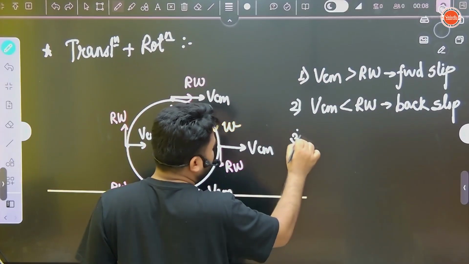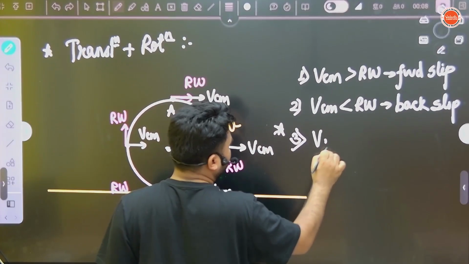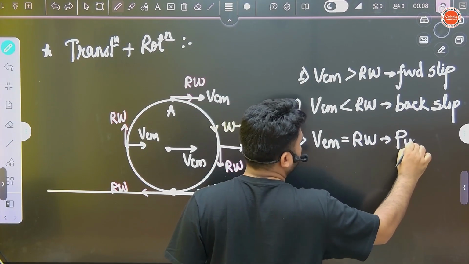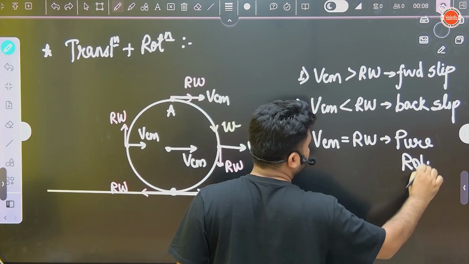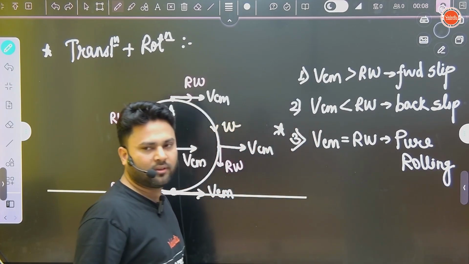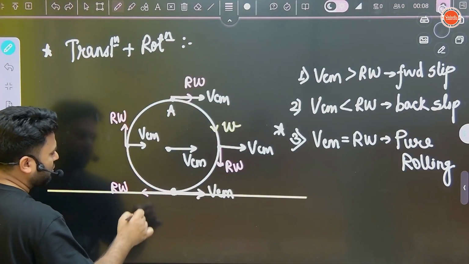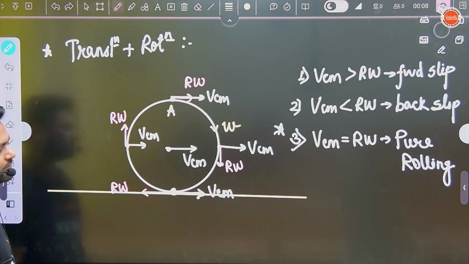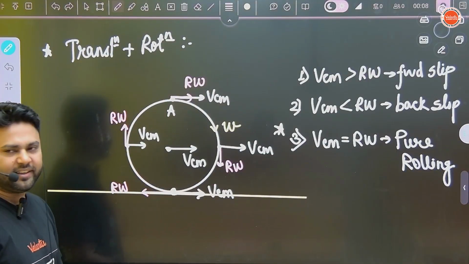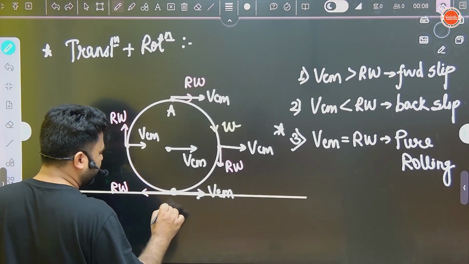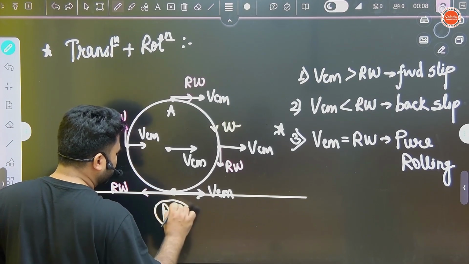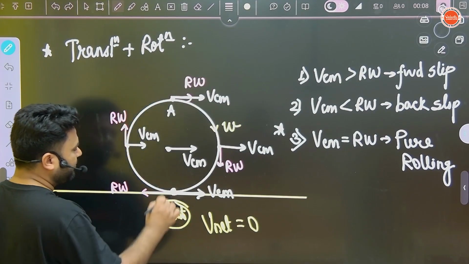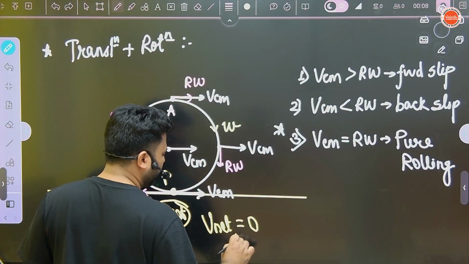But the very important case they ask is if VCM equals r omega, this is called pure rolling. So what will happen? If VCM equals r omega, this point will be at rest. See now, this velocity cancelled. So this point is at rest, or the net velocity of point P will be 0.